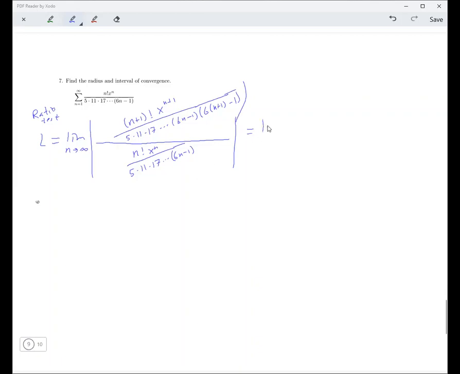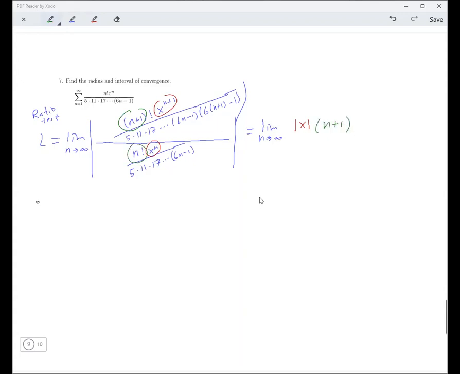Now, let's see what happens. This and this reduce to just the absolute value of x. This and this reduce to n plus 1.